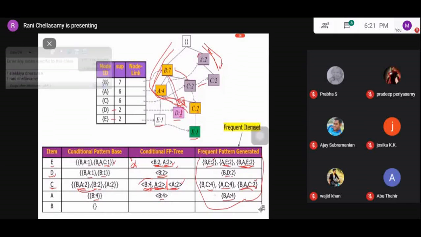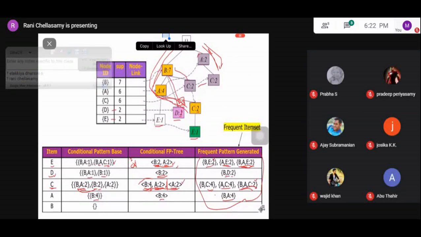Okay. So, coming on to finding the frequent item set. Combine this conditional FP tree with the C item. So, you will be getting B comma C 4 and the next A comma C 4. Okay. Next again BAC. See here, with this possibility, you can combine with C. BAC, you are having 4 and 2 here. So, you always have to write the minimum support count value.